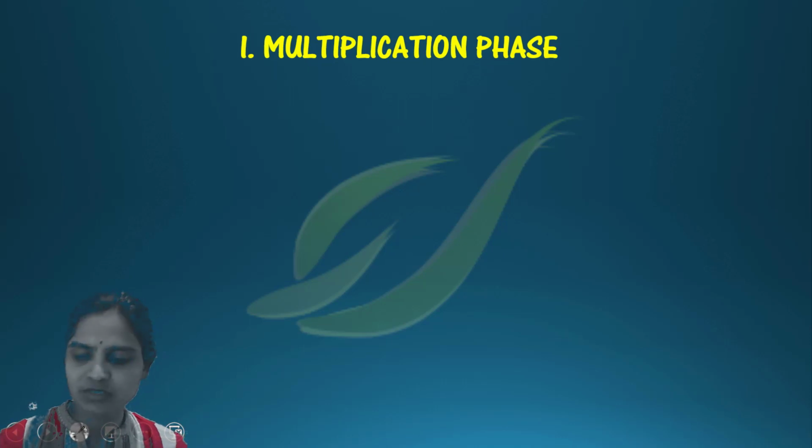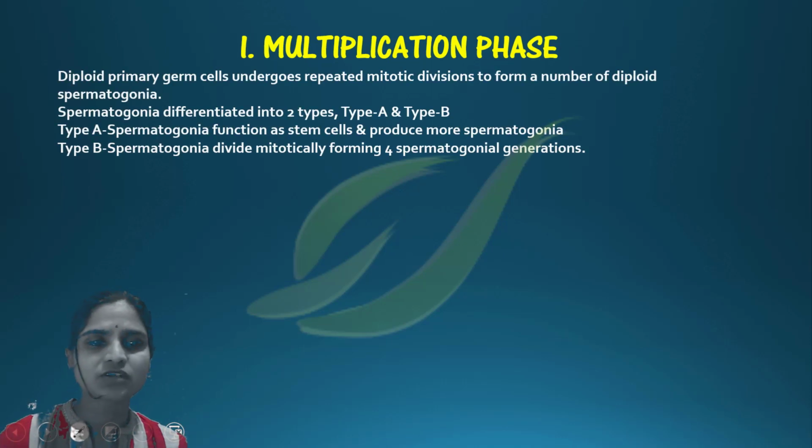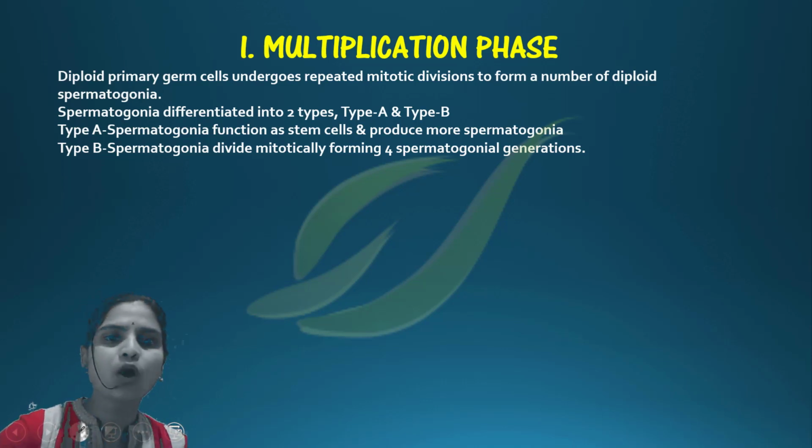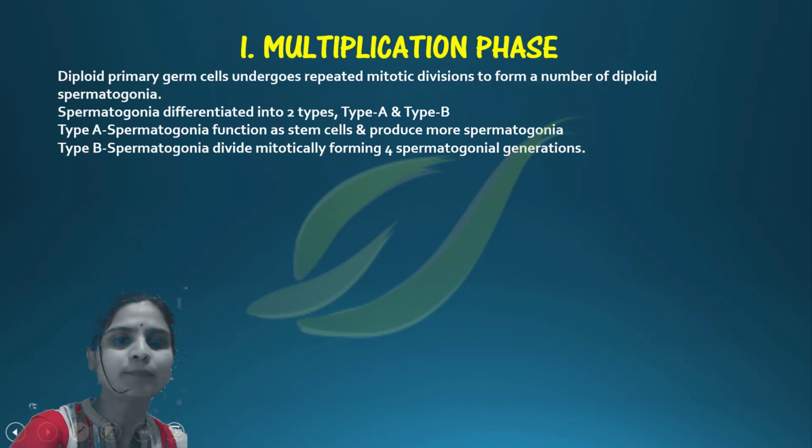First we are going to discuss the multiplication phase. The name itself indicates that the cells are multiplying. Here a diploid primary germ cell undergoes repeated mitotic divisions to form a number of diploid spermatogonia.